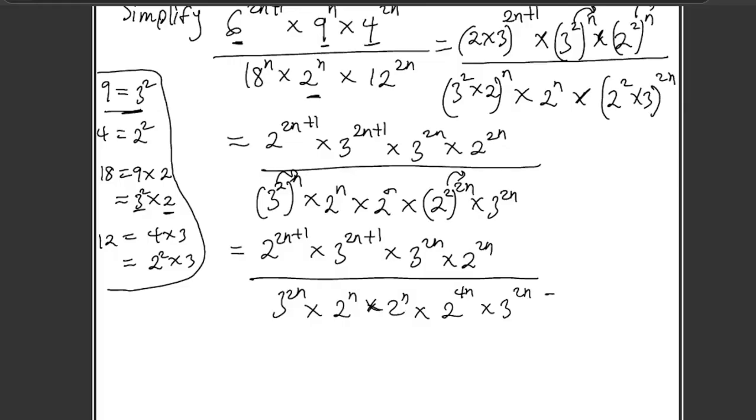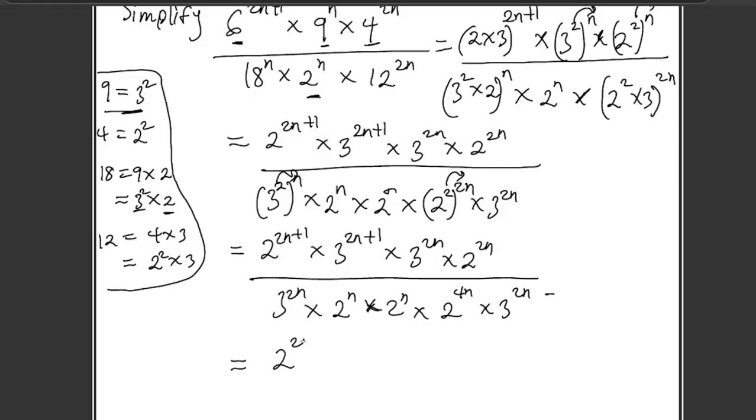So let's collect like terms. Like terms are the ones that have the same base, because they are the ones we can simplify. If they don't have the same base, then you can't simplify them.